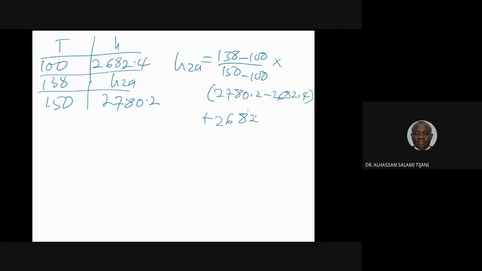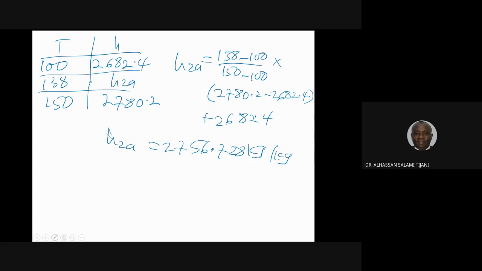If you calculate this carefully, this gives me H2A equals 2756.728 kilojoules per kilogram. Okay, so that is the enthalpy at state 2A.